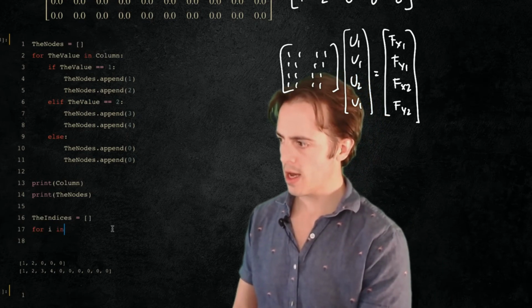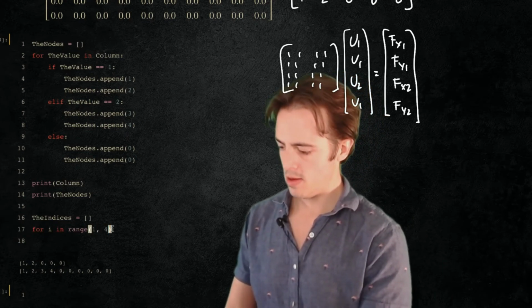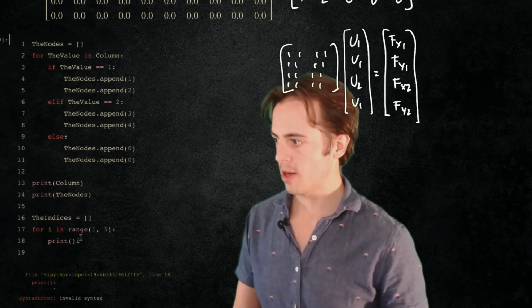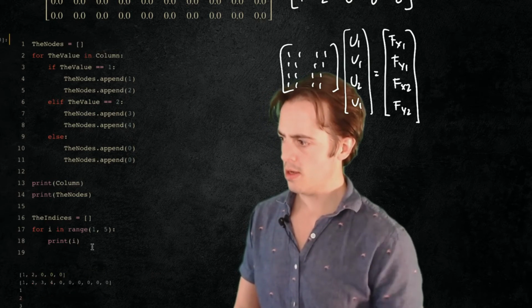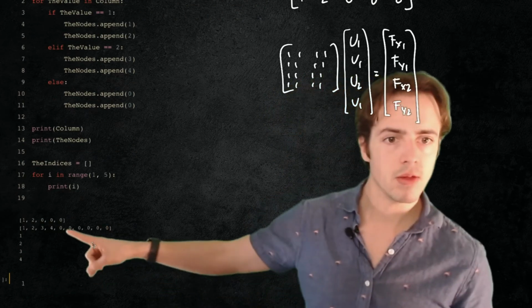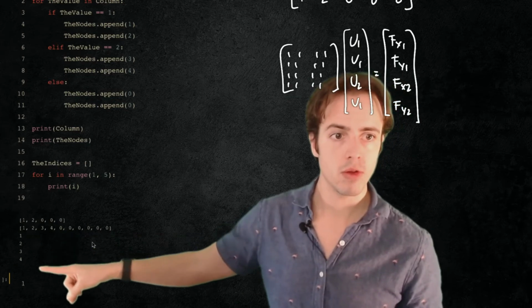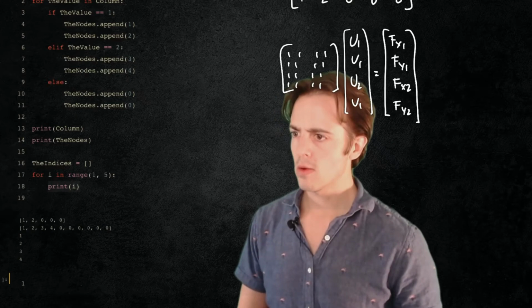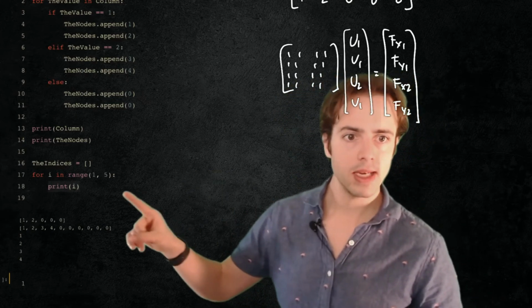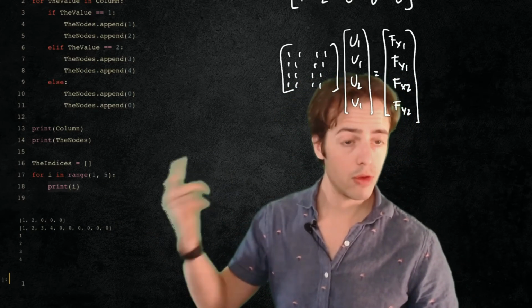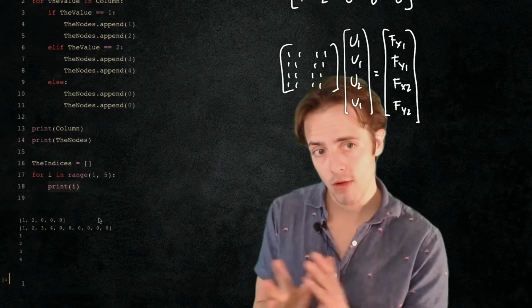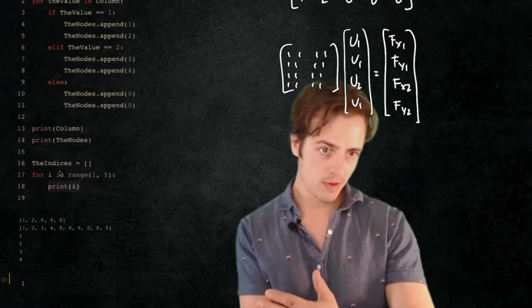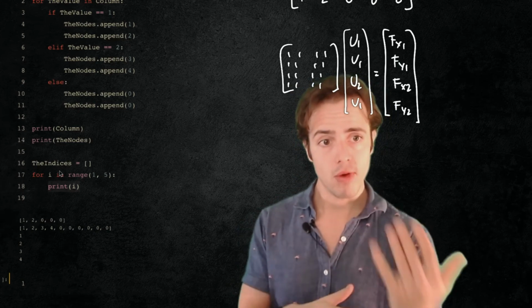So I'm going to say for i in range. Let's just remind you how ranges work. I'm going to go through here and do 1, 2, 3, 4, which means I'm iterating on i. What I want to do now is append the index where 1, 2, 3, and 4 occur, and I need to make sure I've got them in the correct order, because I might have a node that goes from B to A rather than A to B.